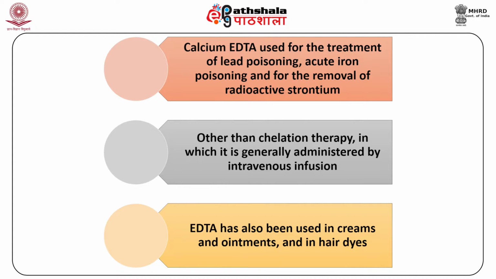Calcium EDTA is used for treatment of lead poisoning, acute iron poisoning, and for the removal of radioactive strontium, in chelation therapy, in which it is generally administered by intravenous infusion.